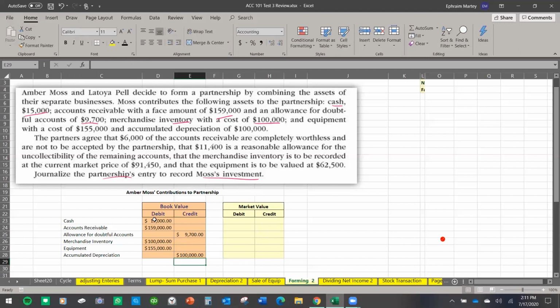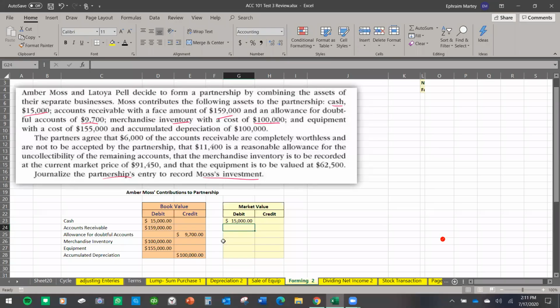By the way, with cash, you cannot do anything about cash. If you have $1 in your pocket, the market value right now is $1, unless there's time value of money and you wait for the next year, but that's another whole topic. So it will still be $15,000.